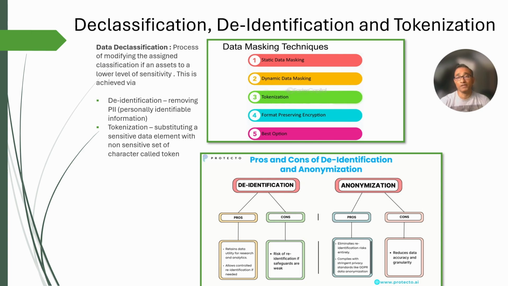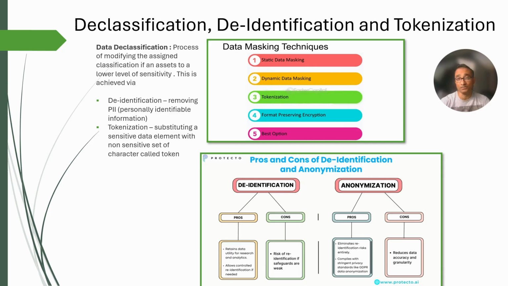Another important aspect of how you can protect your data is by taking the meaning out of that data. So for instance, you can declassify your data. If data which used to be of high importance has lost value, for example, a customer who is no longer a customer, you can remove that data based on the retention period or degrade the classification of that data after a certain period of time.